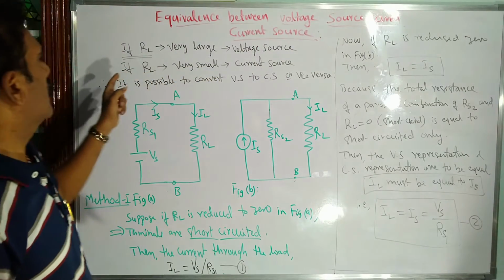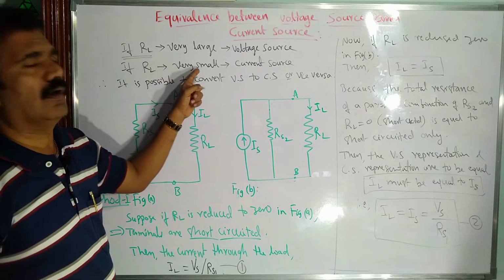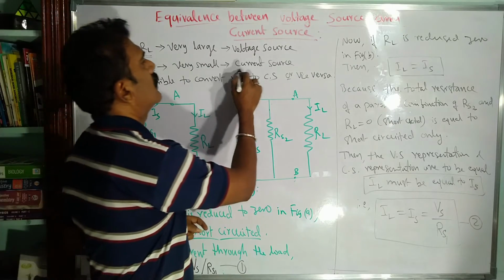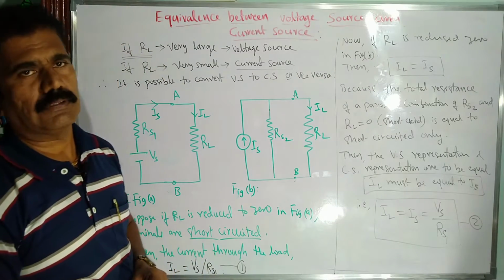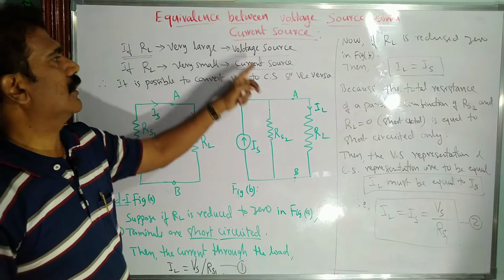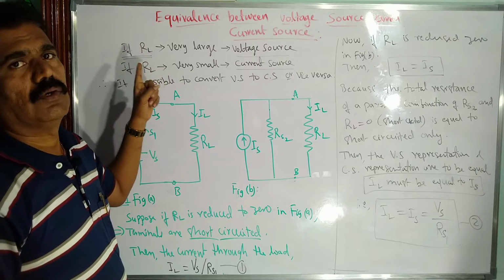Similarly, if the externally connected load RL is very small compared to the internal resistance RS, then the source can be considered as a current source. In that way we can have the given source as either a voltage source or a current source, depending upon the externally connected load.